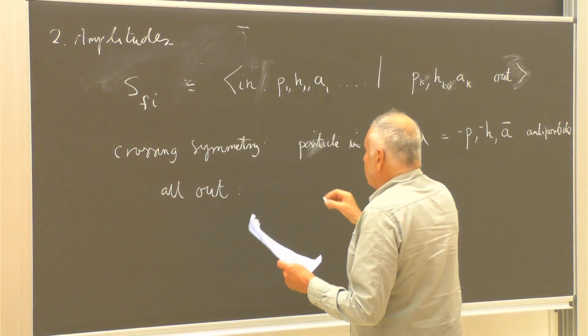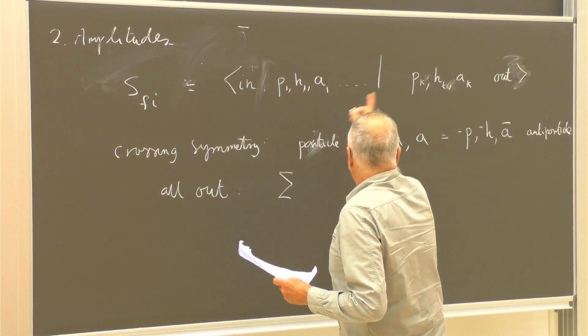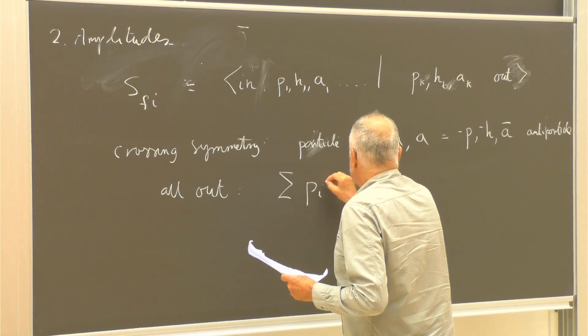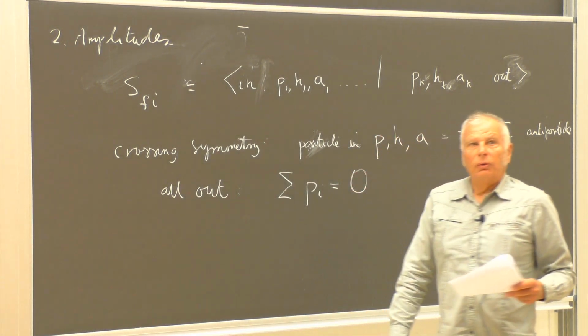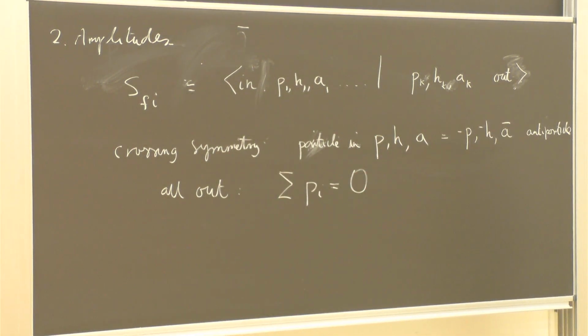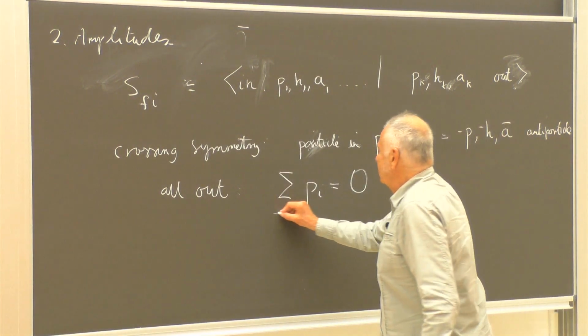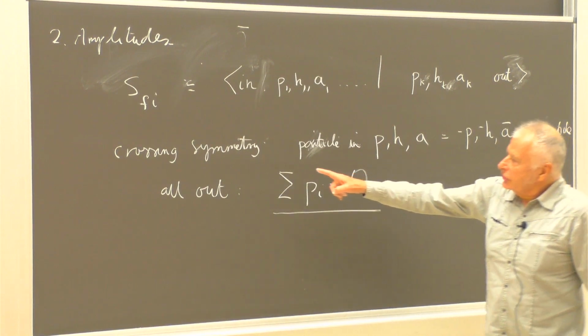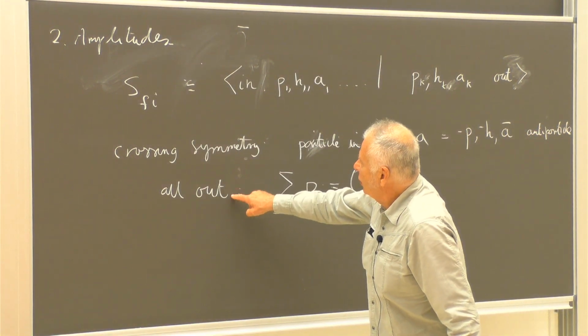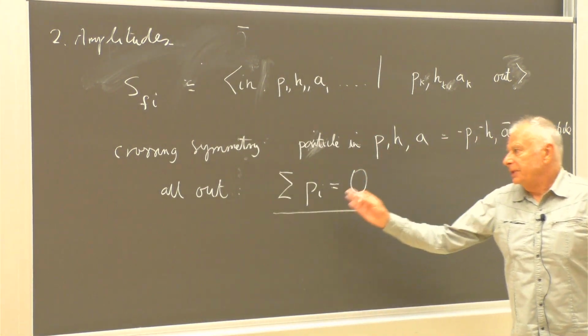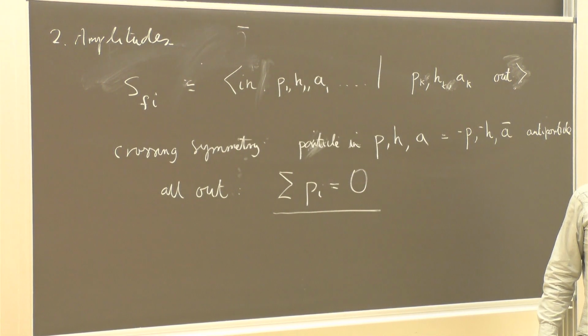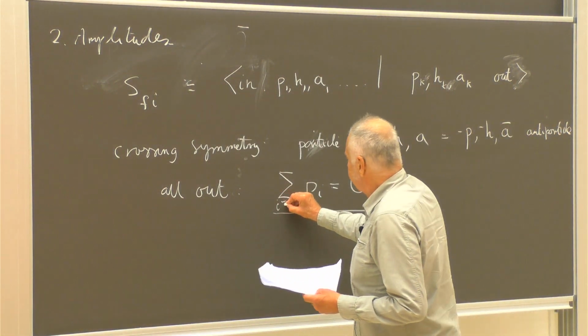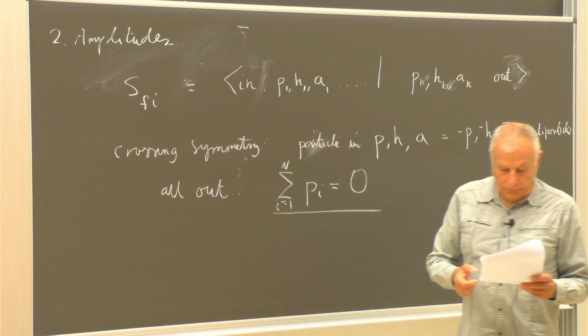And so in this case, of course, the sum of all momenta must add up to 0. So the basic constraint on the scattering amplitude is momentum conservation. When, in these conventions, all particles are out, it simply tells you that the sum of momenta is equal to 0 for an n-particle amplitude. All right?